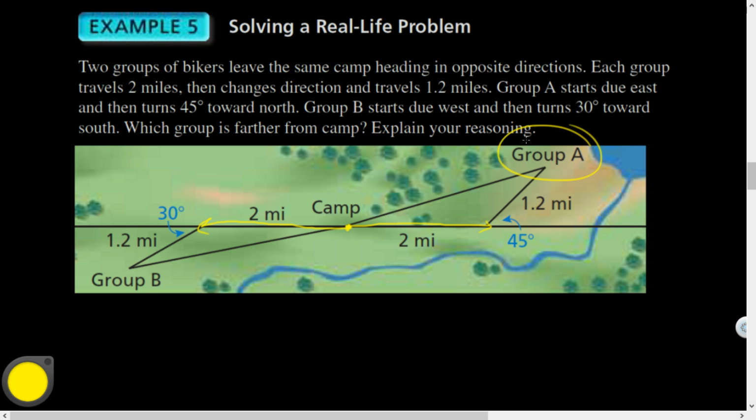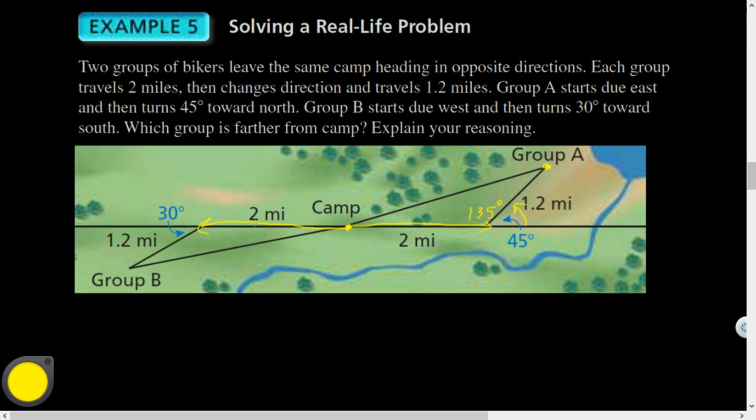Group A starts due east and then turns 45 degrees north, and ends up here after traveling 1.2 miles. What is this angle? 135 degrees, linear pair postulate.